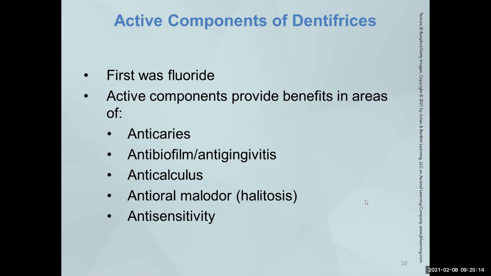Some fluorides, like the stannous fluoride, are anti-gingivitis. So the toothpastes that you see, like the gum care and the periodontics from GlaxoSmithKline that say it helps reduce inflammation and reverse inflammation, have the stannous fluoride in it.